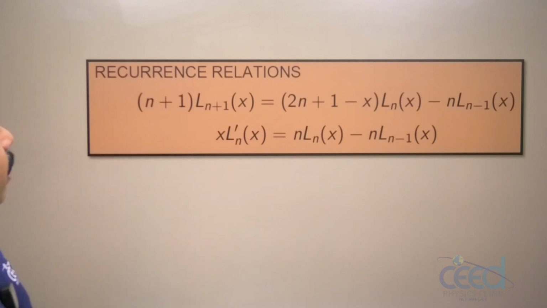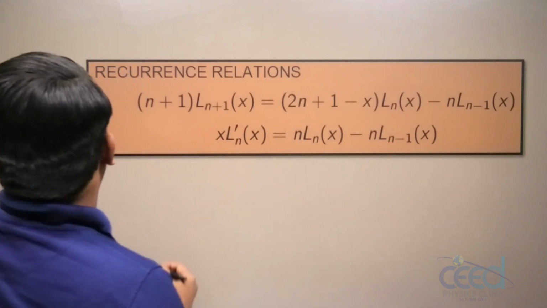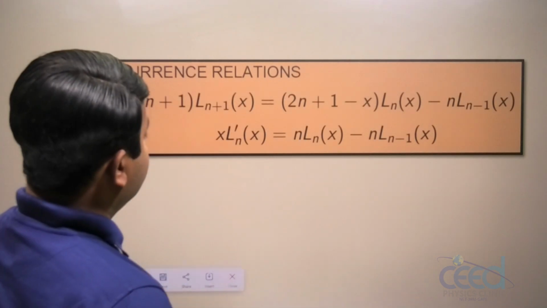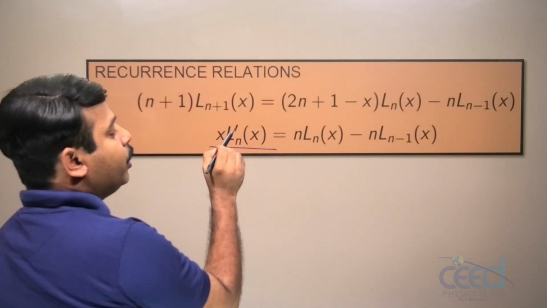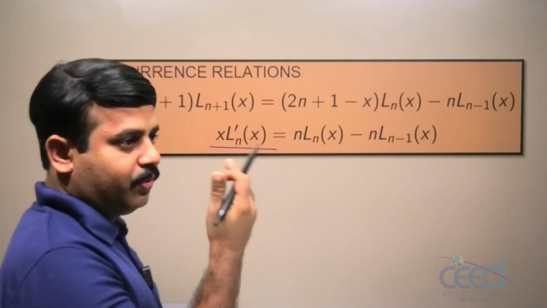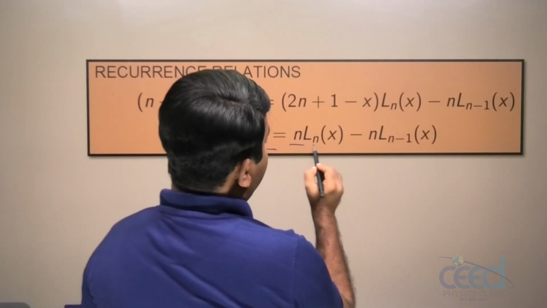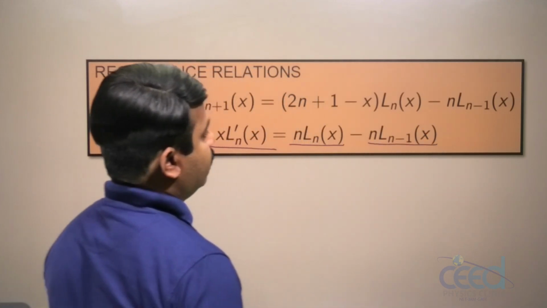Another recurrence relation is x L_n dash of x, where dash means first order differential, equal to n L_n(x) minus n L_{n-1}(x).